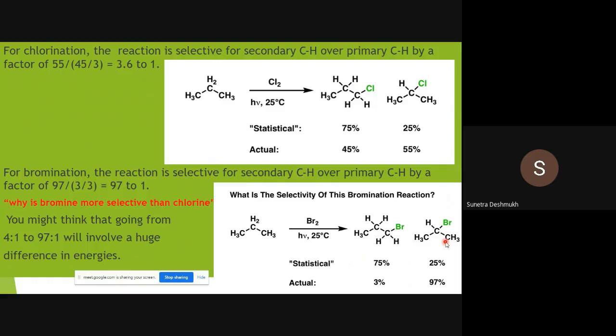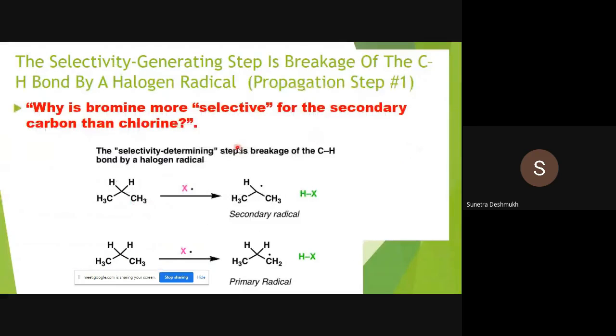That means the secondary free radical is reacting in a faster way to form the secondary halide. Why is that one forming in a faster way, and why is that one reacting to give 97% of the bromo compound? That one we will see one by one. What are the factors responsible for the selective bromination of the secondary radical?